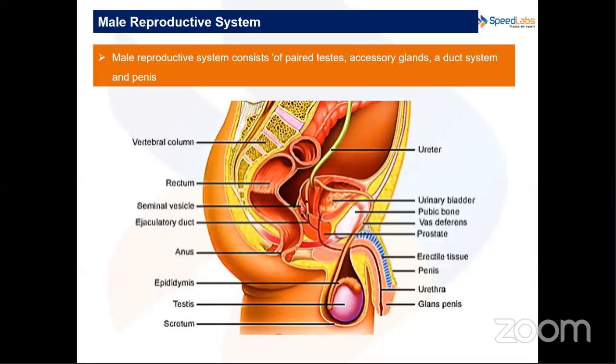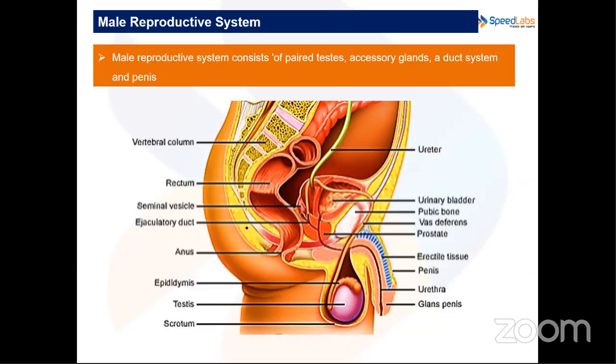Over here you can see that it goes and then joins the urethra. So over here is the meeting point of the vas deferens and the duct of the seminal vesicle, and these two join and form the ejaculatory duct.